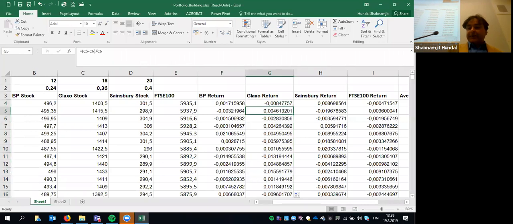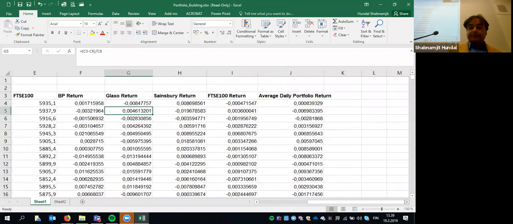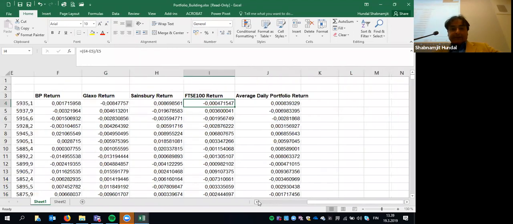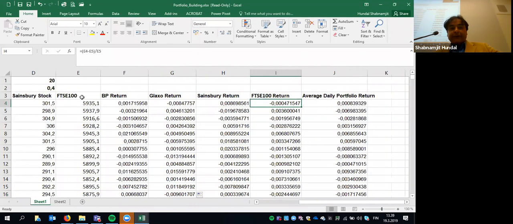Then you have Sainsbury, same way. Then you go to the FTSE return, and I hope you remember that FTSE 100 is the market value. Here we calculate the FTSE return. So the way you calculate the individual company's stock return, in the same manner you calculate the index return from the index value.